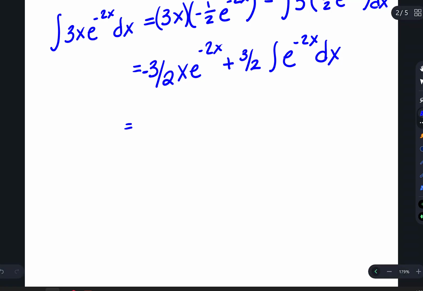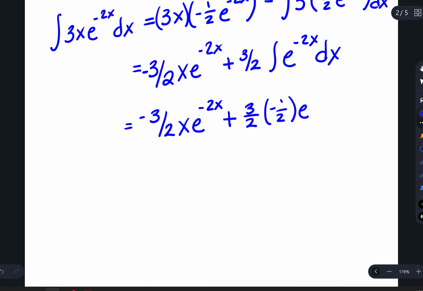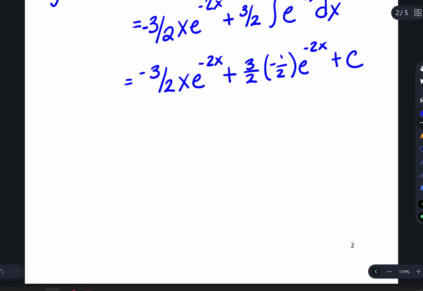We've worked with integrals like that in the past. So just rewriting that first term. And now we're going to have 3/2 times negative 1/2 e to the negative 2x plus c. And then just multiplying those constants.